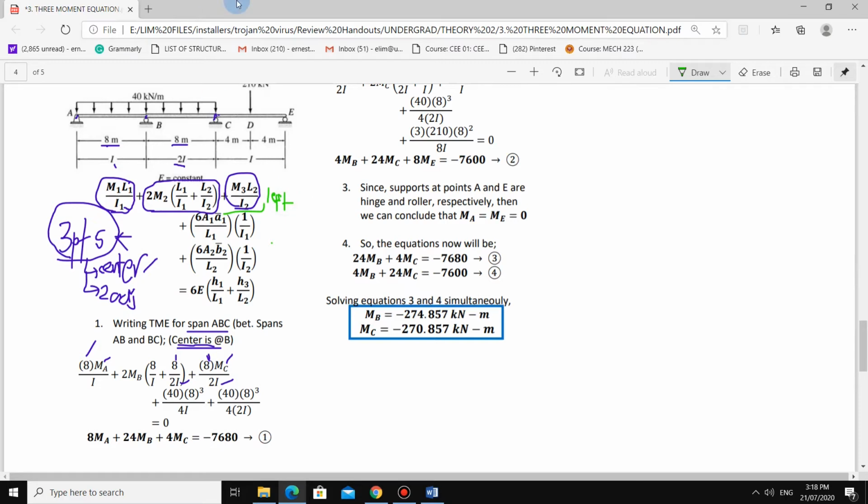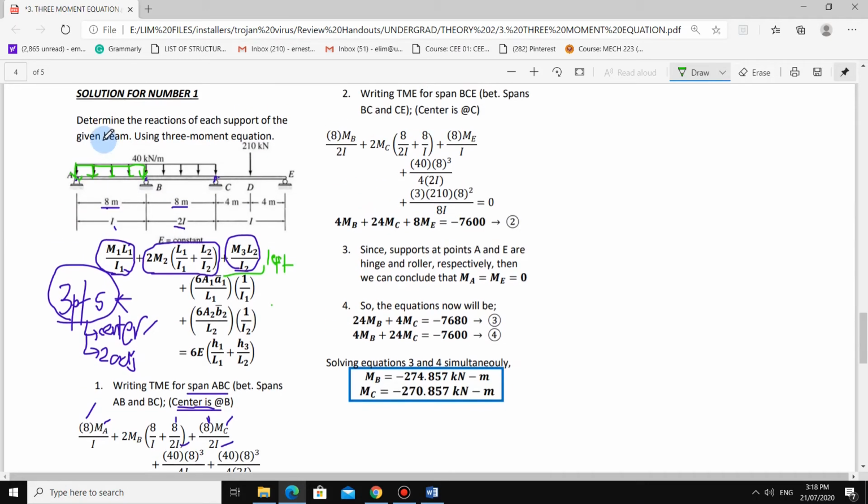Left side of the center. If the center is B, then on the left side is AB. Then what is the loading on AB? The loading on AB is uniform load. So that is our 6A A bar over L.